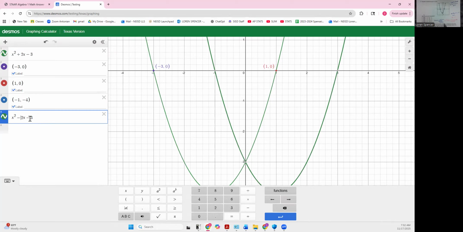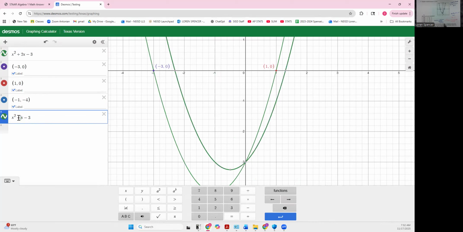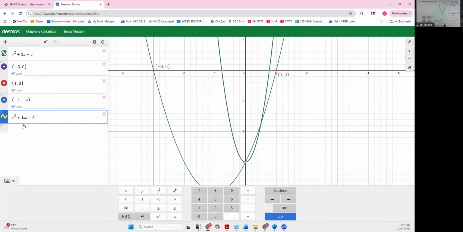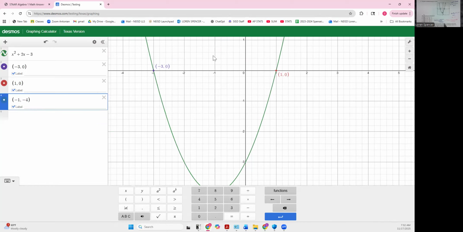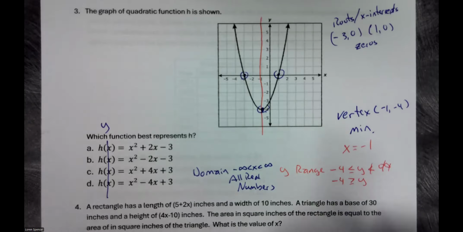All right. If I do the next one, x squared plus 4x plus 3. Not the right one. So you can see that the very first one, A, was our best choice. So we're going to stop the share. We're going to mark A on our paper and move on.